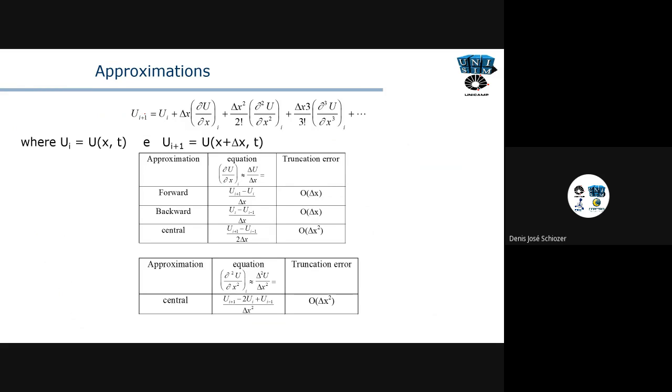I talked a little bit about this last week, but we can use several approximations to write numerical equations. We can have forward approximations, backward approximations, and central approximations. For example, if we're writing the velocity of the phase in terms of the blocks, the velocity of the phase at x i plus 1 is the velocity of the phase at I plus delta x, the variation of x in the x direction.